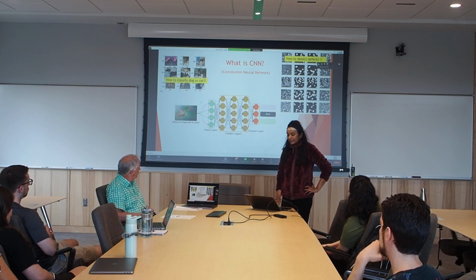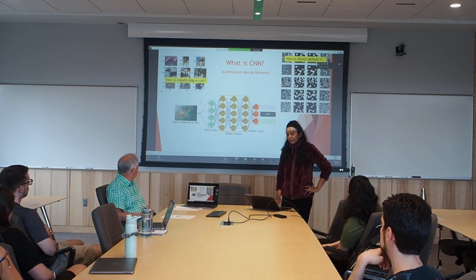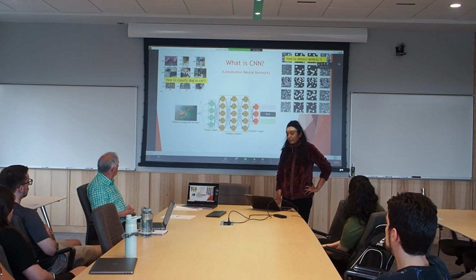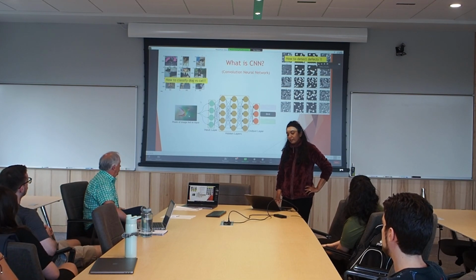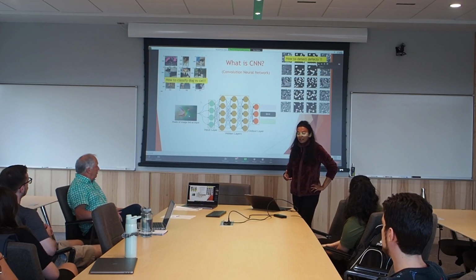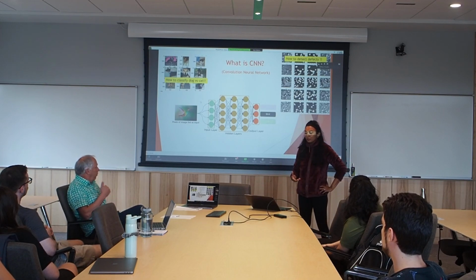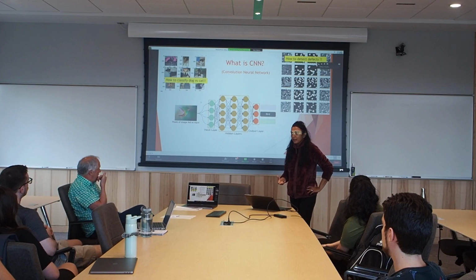Here I have provided an example with an animal or a bird, and I want my computer to tell me whether it's a bird, a dog, or a cat, and I feed it 100 images. And once my network is able to tell me what it is, my job is done.